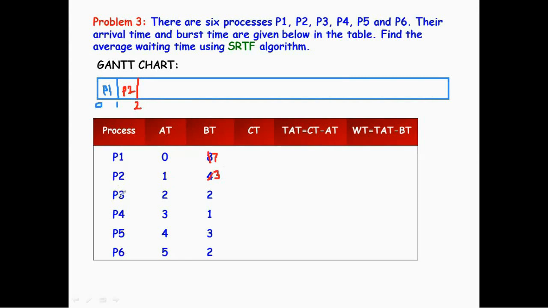At time 2, P3 has arrived. P3 has burst time as 2. It is least when compared to the remaining burst times of P2 and P1. So, P3 will be scheduled now. From 2 to 3, P3 will be scheduled. Remaining time for execution for P3 is 1.